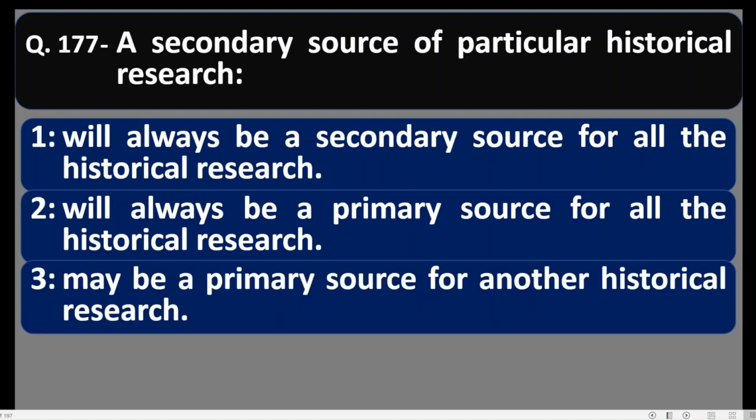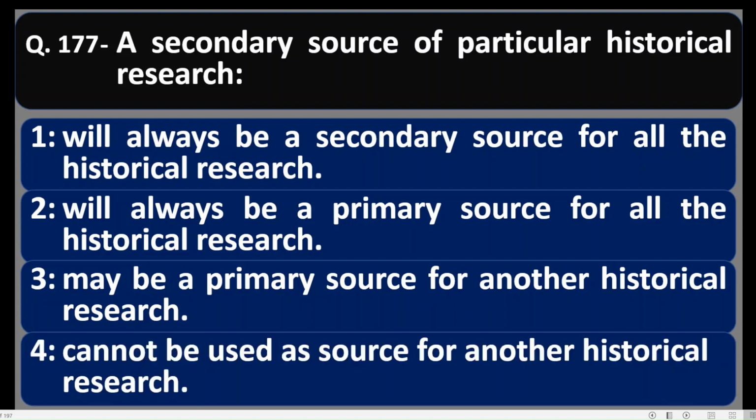C, may be a primary source for another historical research. Yes, it is true. Cannot be used as source for another historical research. It is false. So again, the question is a secondary source of particular historical research, and the correct option is maybe primary source for another historical research. Option number 3.